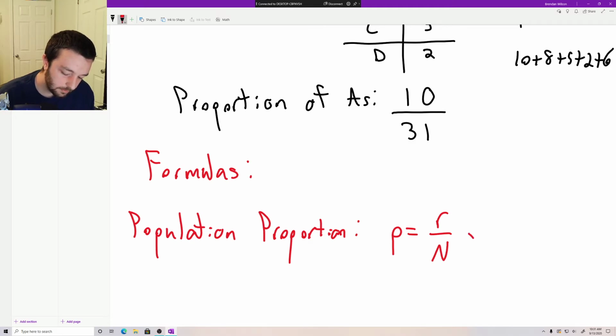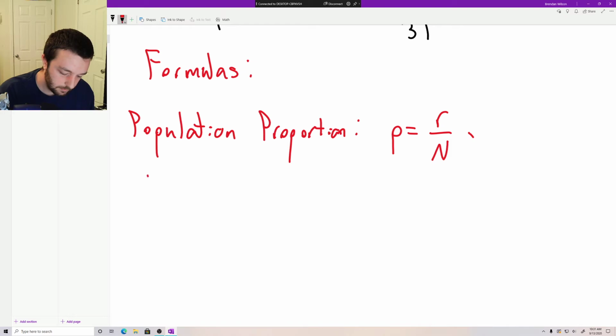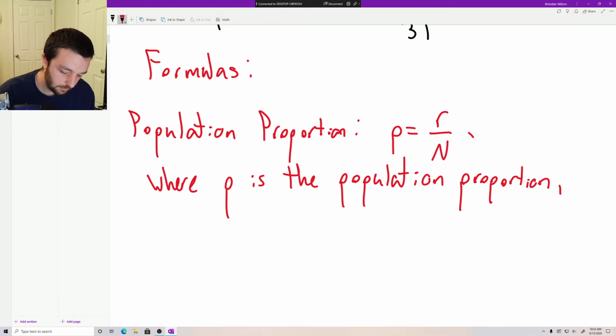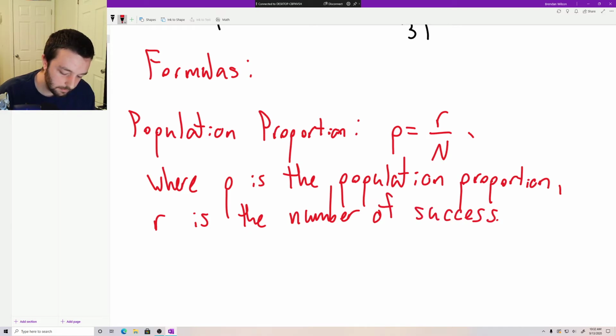Where P is the population proportion, right? That's what we're calculating. R is the number of successes observed.